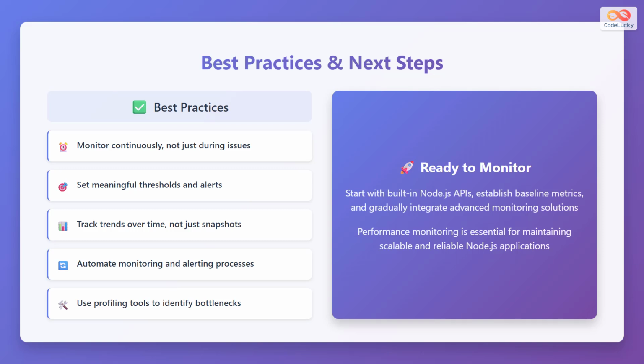Fourth, automate monitoring and alerting processes to ensure timely responses. Fifth, use profiling tools to pinpoint specific bottlenecks in your code. To take the next steps, start with built-in Node.js APIs, establish baseline metrics, and gradually integrate advanced monitoring solutions. Remember, performance monitoring is essential for maintaining scalable and reliable Node.js applications.